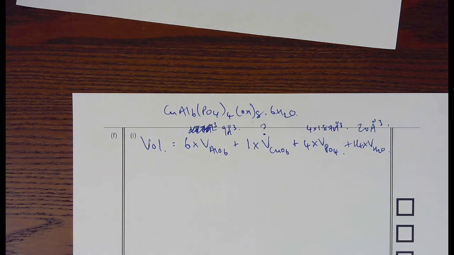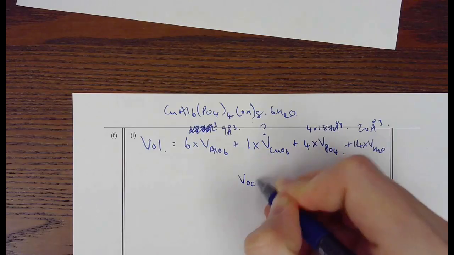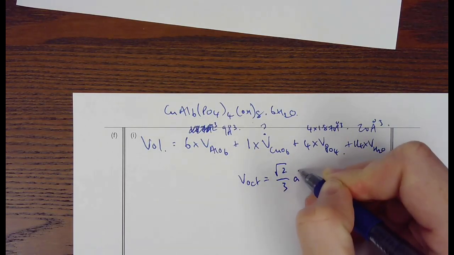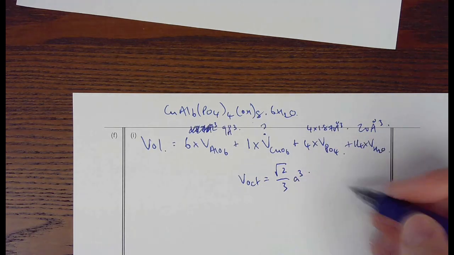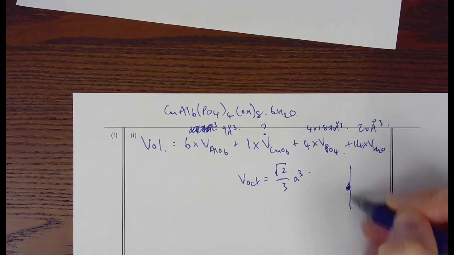Right. Well, I'm told that the volume of an octahedron equals root 2 over 3 a cubed, where a is the edge length. An octahedron is going to be this shape, right?